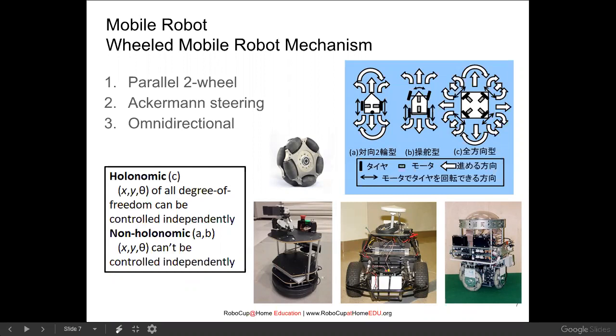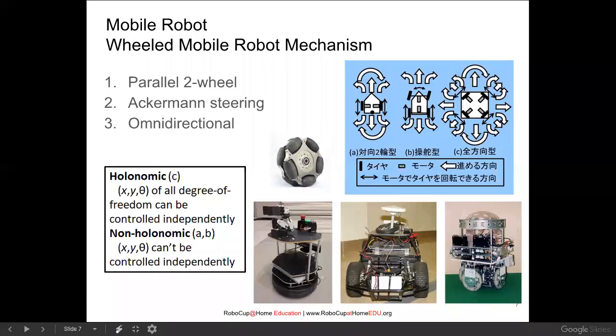If all these degrees of freedom can be controlled independently, meaning it can move in x, y, and theta separately, then it is a holonomic design. Most cases, such as the car, our mobile robots, or your bicycle, are not holonomic designs. They belong to non-holonomic design, where x, y, and theta cannot be controlled independently.